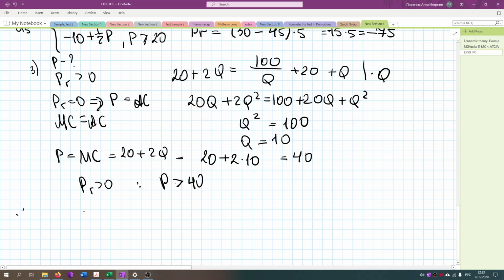And the next part is to find a minimum of average cost.